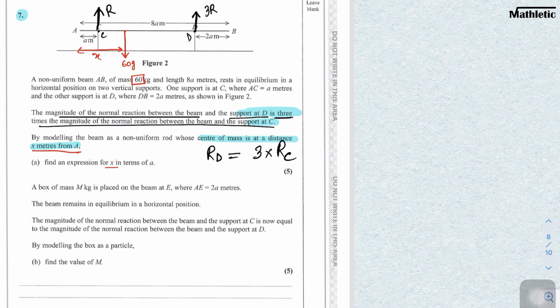For part A, we need to find an expression for x in terms of a. So the first step is to calculate the value for R. Since the beam is in equilibrium, all the upward forces will be equal to the downward forces. These are balanced. So we have two upward forces, R plus 3R, that should be equal to 60g.